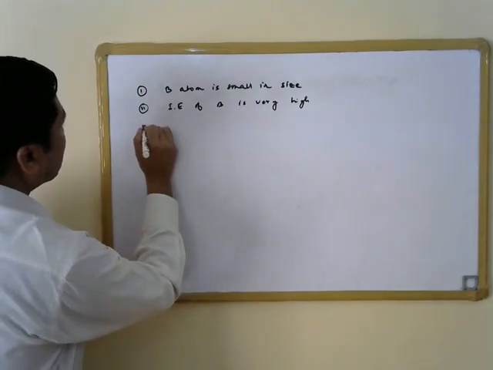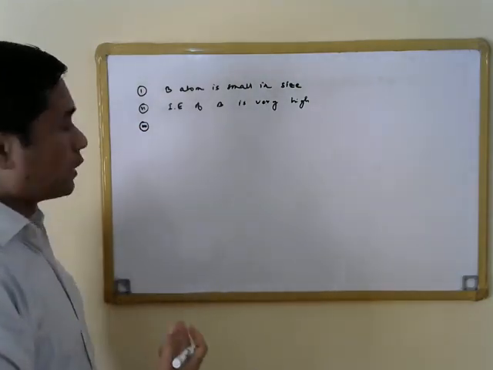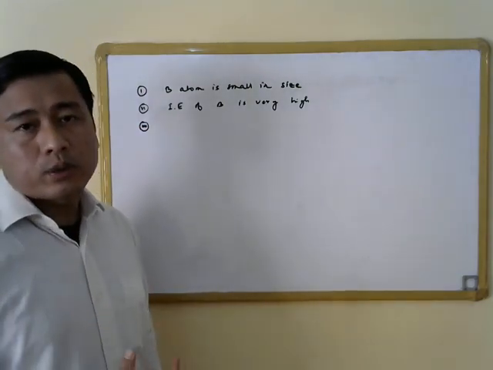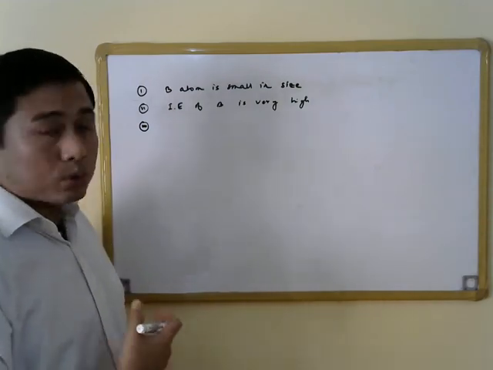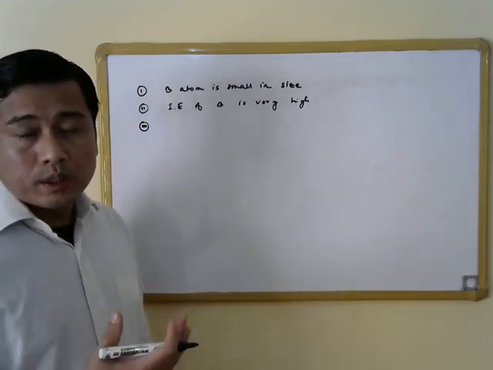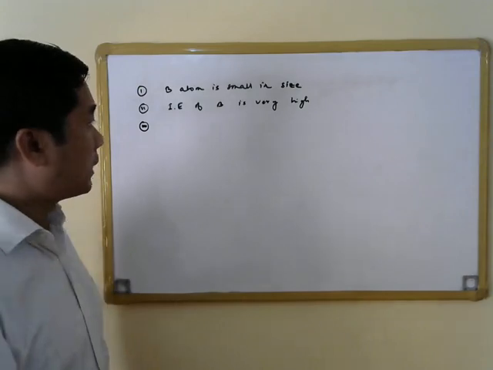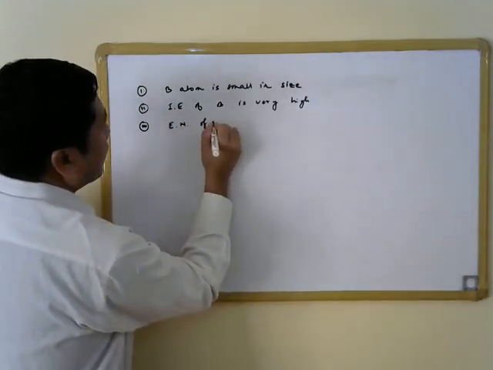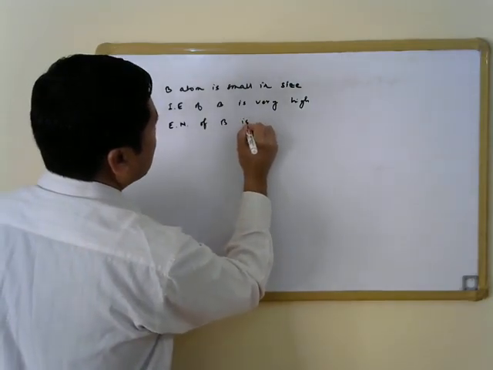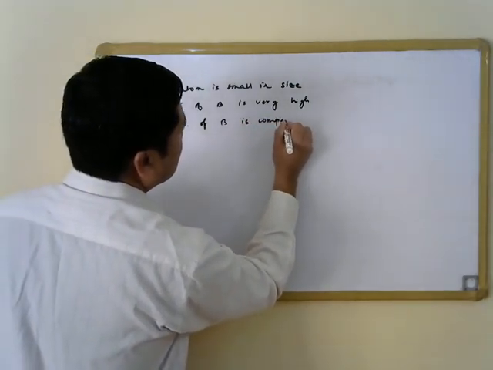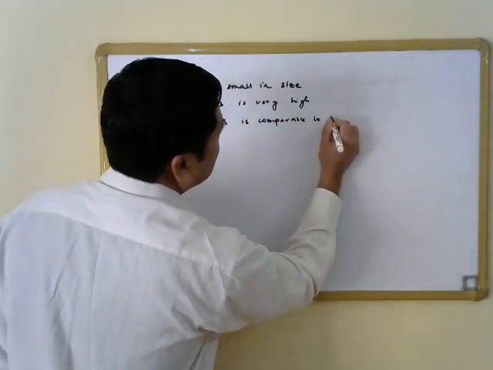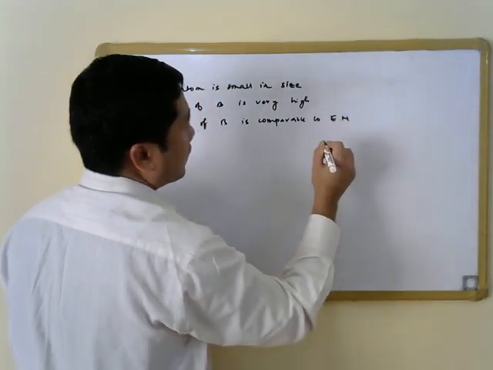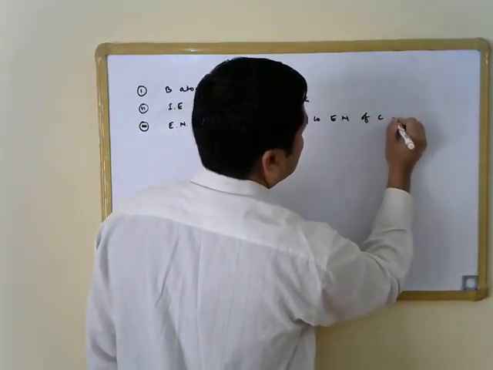And the third important aspect of boron is that its electronegativity is comparable to the electronegativities of carbon and hydrogen.